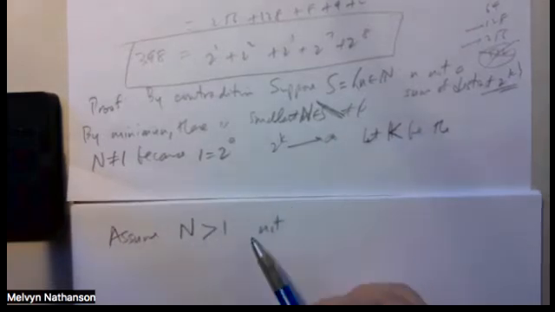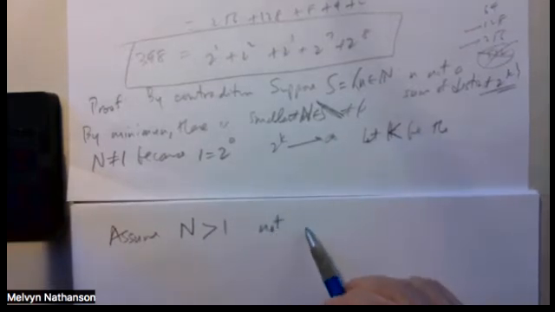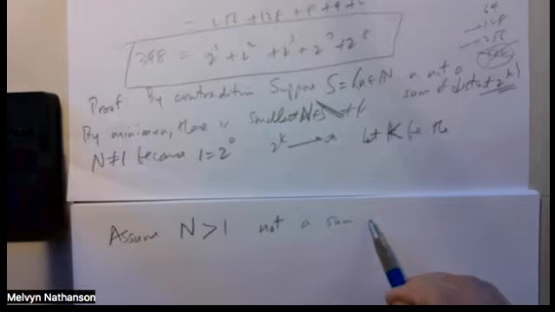All right, so we're assuming there's a number N which is not a sum of distinct powers of 2.